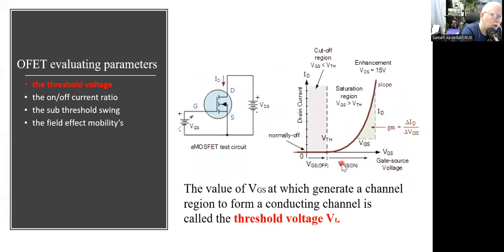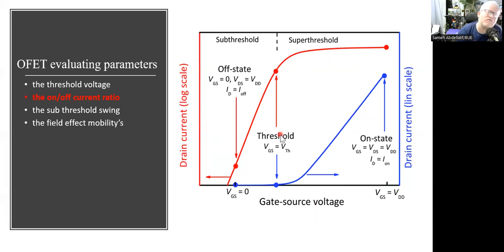Generally speaking, we assume ideally that whenever the gate voltage is below the threshold voltage, your transistor is turned off. Even in theoretical electronics, we call it the cutoff region. But practically speaking, whenever your gate voltage is below threshold voltage, your transistor is not turned off.